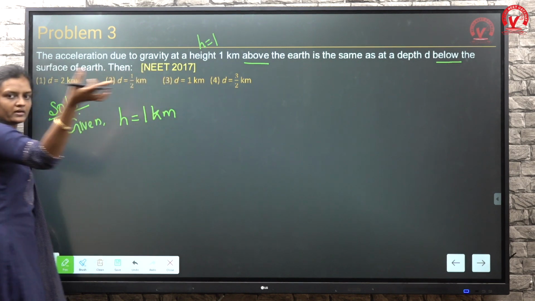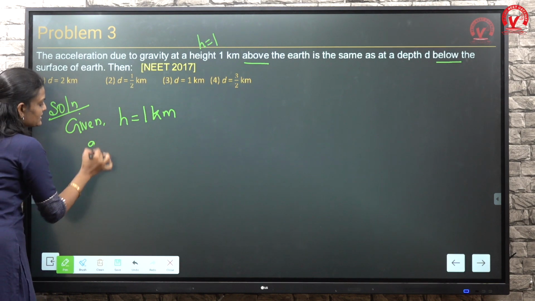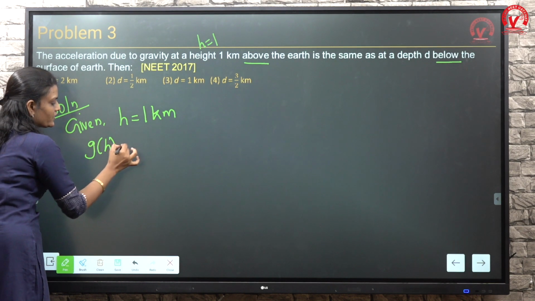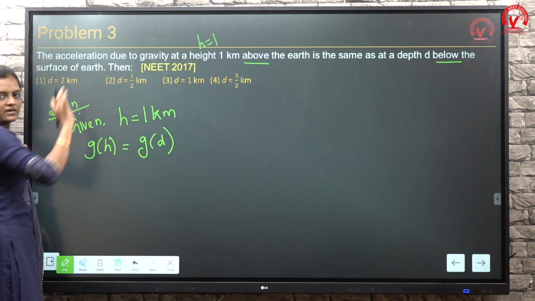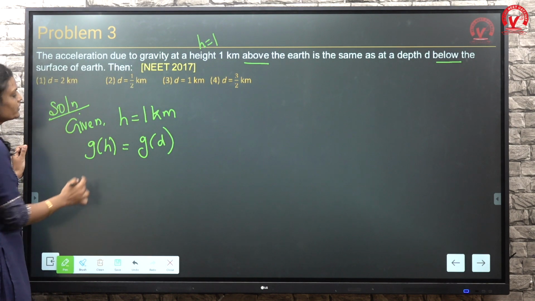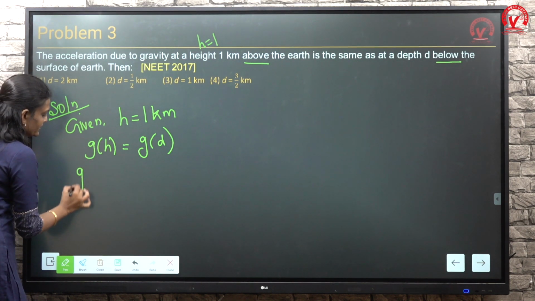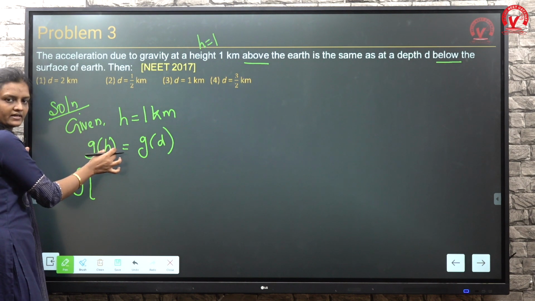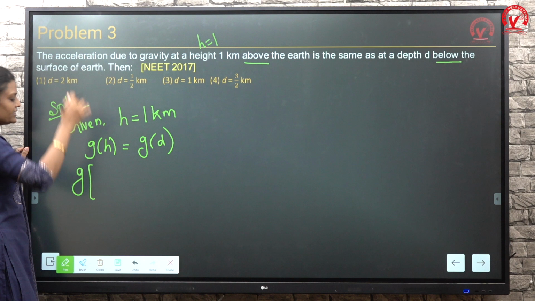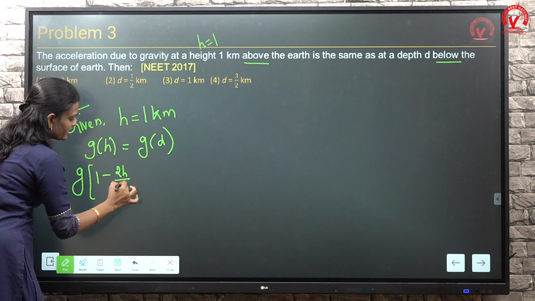Now two parameters are given, so we are going to equate them: g of h is equal to g of d. This is like the previous problem, problem number 2. We know the formula for g at some height above the surface of the earth: g(1 minus 2h divided by R).